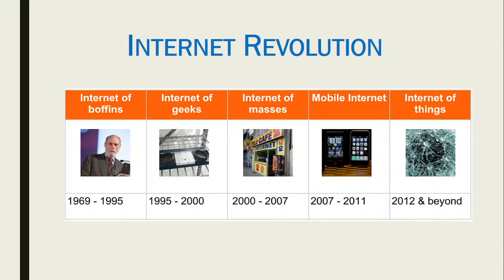So it was open to some people even at the end of this era. Then after 95, the internet became more open, so anyone can connect to the internet and anyone can create websites.